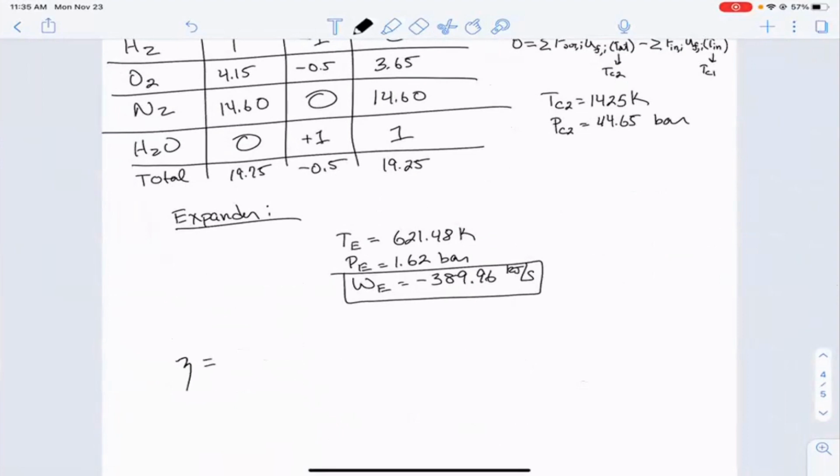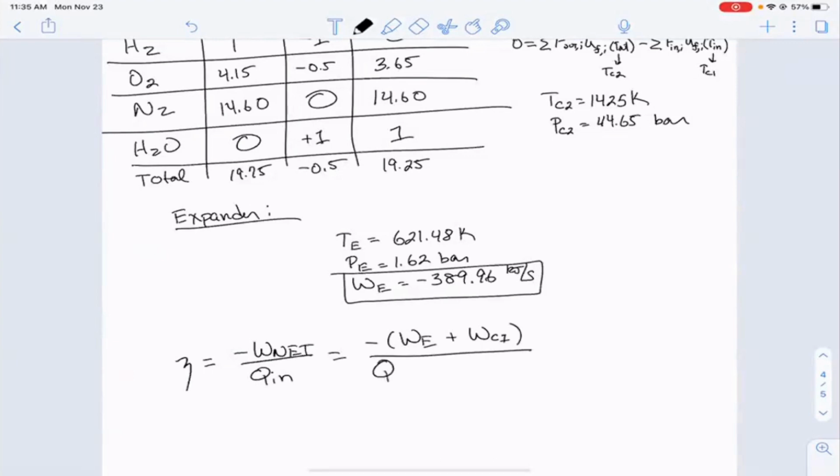All right, so we said the efficiency was minus the net amount of work over Qn. And that was equal to minus the work that we got from the expander plus the work that we had to use to compress the gas, over QW to preheat the water plus Q solar, okay?